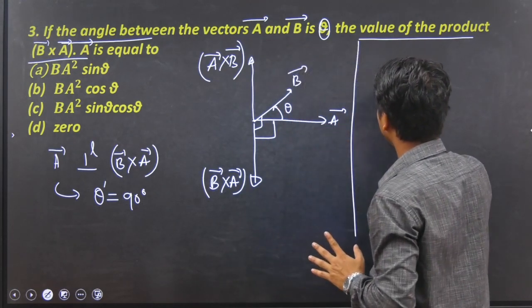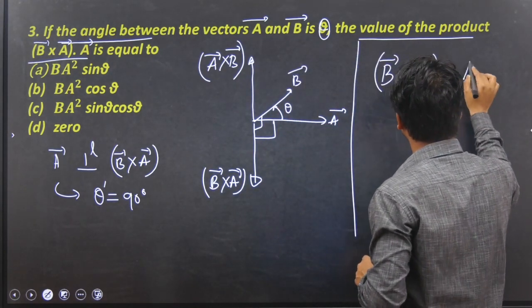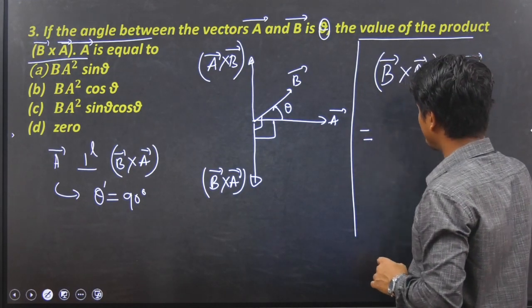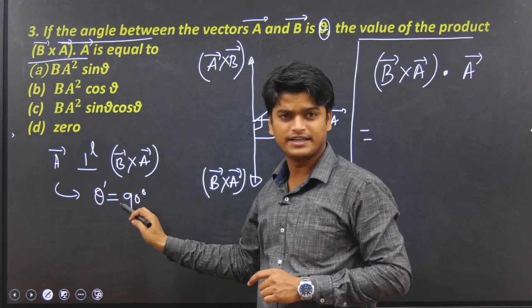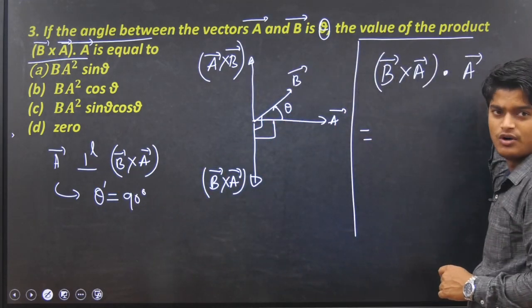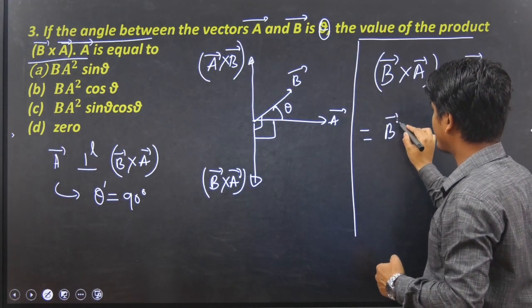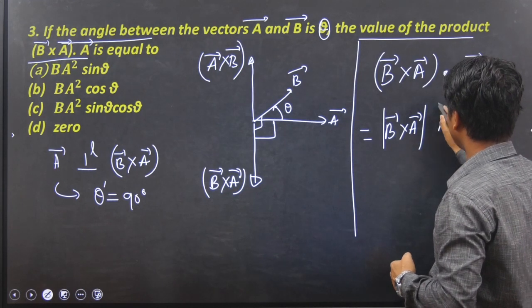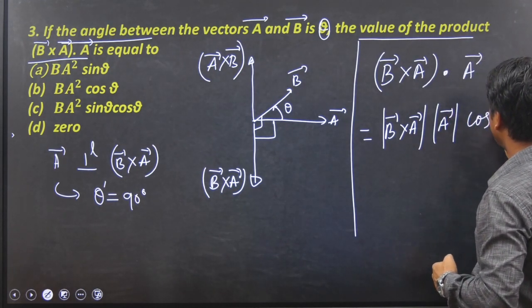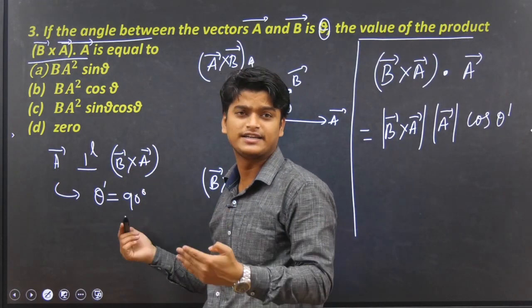They are asking to find B cross A dot A vector. If you are finding a dot product, and the angle between these two is 90, then the answer will be 0. If you are not understanding, again I am saying: take the B cross A magnitude and the A vector magnitude, then multiply by cos theta prime, because theta prime is the angle between A vector and B cross A, which is 90 degrees.